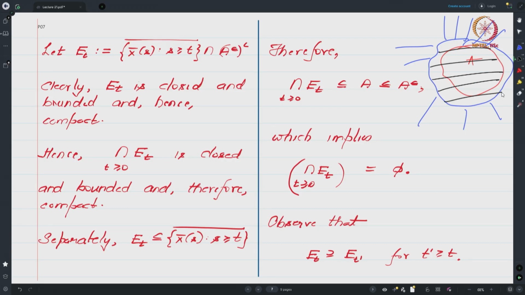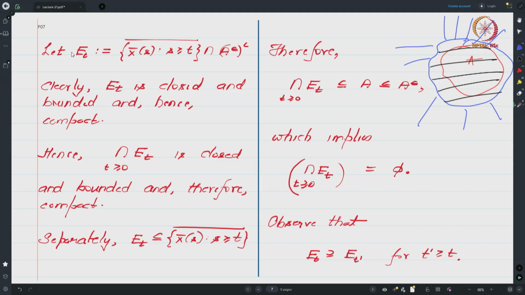This trajectory will completely lie in this black region eventually, and since epsilon is arbitrary, one can conclude that eventually your linearly interpolated trajectory lies very close to A, and we can use that to formally show that your x bar of t converges to A and hence your xn converges to A.